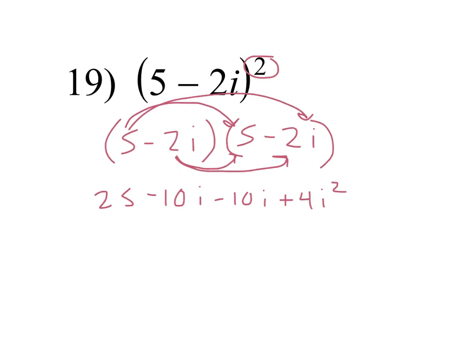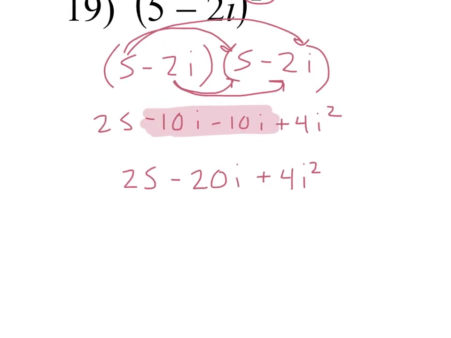What can we do next? Combine. We're going to do negative 10i minus 10i. Negative 10 minus 10, exactly, negative 20. So we combine the i's, but we can't combine the i squared with it. So we just add the negative 10i minus 10i and get negative 20i.